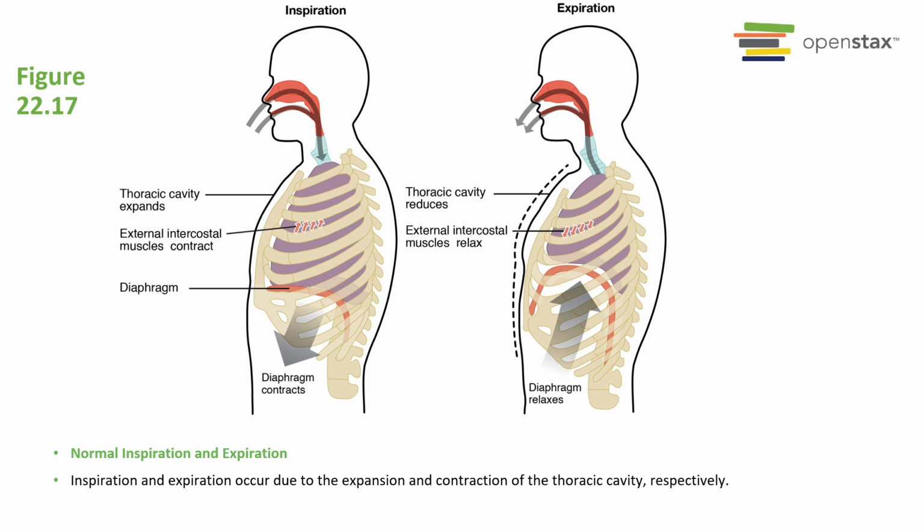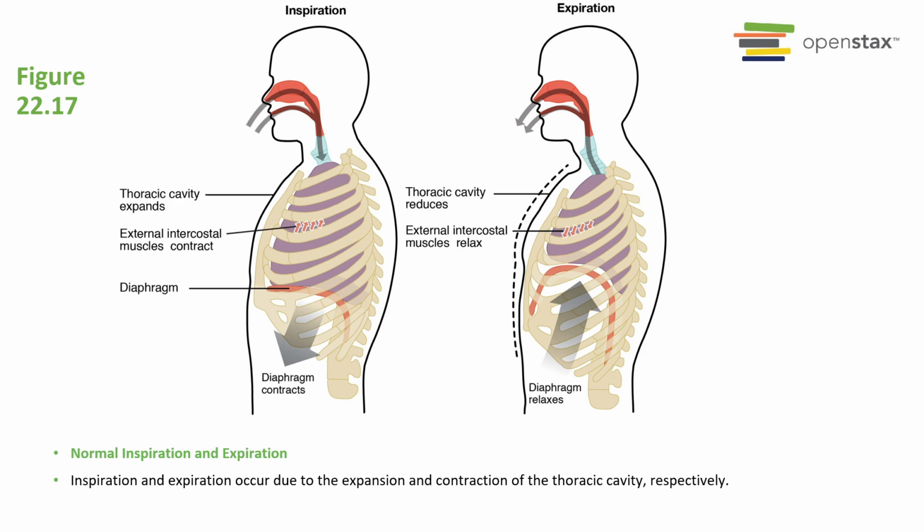What you can see is that there are a couple major muscle groups that are involved in inspiration, and once again, it will depend on whether it's quiet or more forceful type of breathing. So we have our external intercostal muscles, which can contract in some cases, but not always.